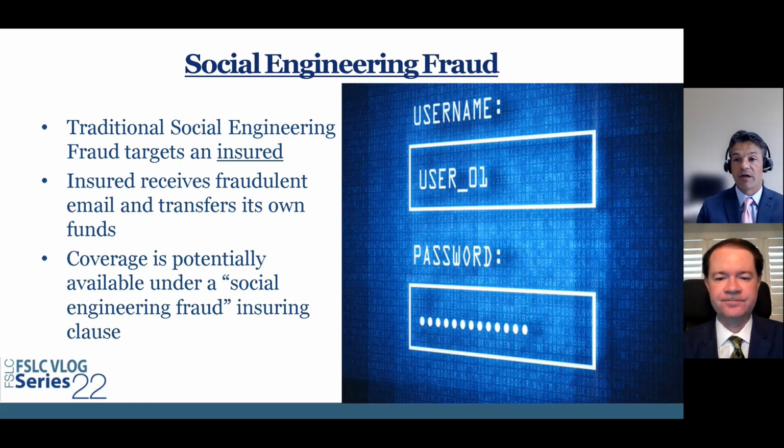The insured is going to receive an email that either provides fraudulent payment instructions for a particular transaction or provides fraudulent payment instructions for future transactions. That's the most common. And coverage, depending on certain conditions or exclusions, is potentially available under what has become a social engineering fraud insuring clause, although carriers call it different things.